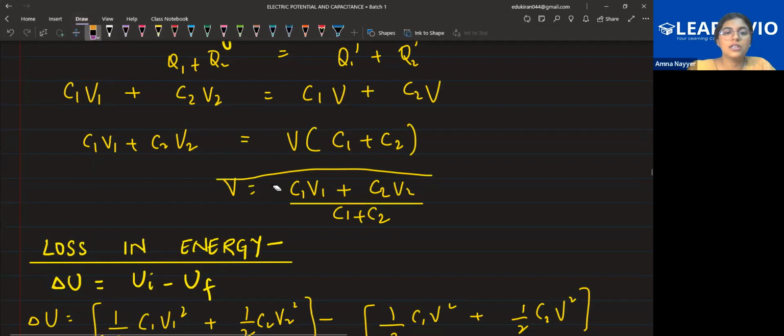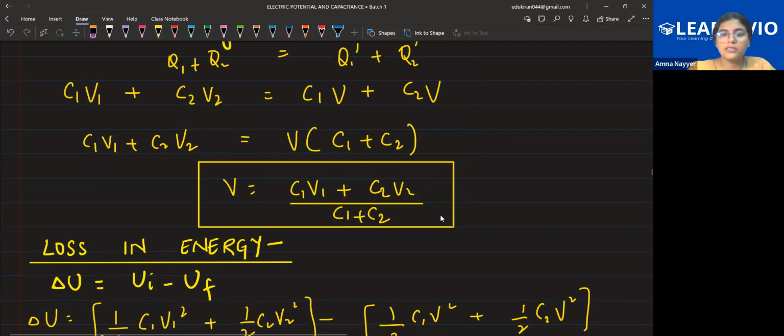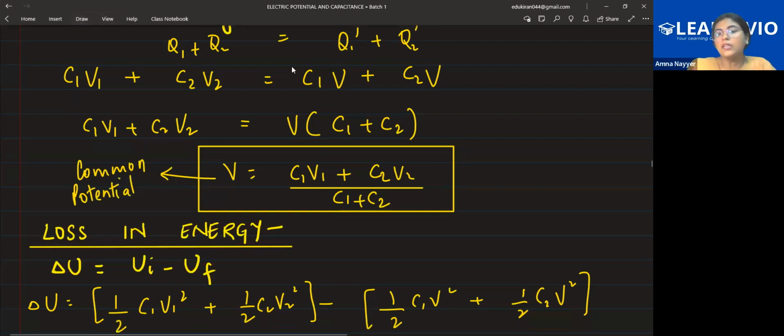And this is called the common potential. Okay. Write it down, then we'll see the loss of energy.